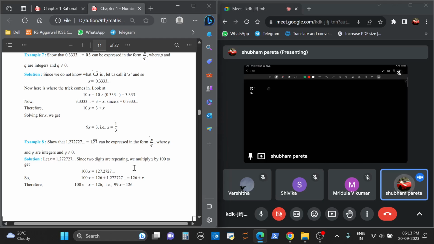There is a number 1.27 bar, and you have to convert this number in the form of p upon q.